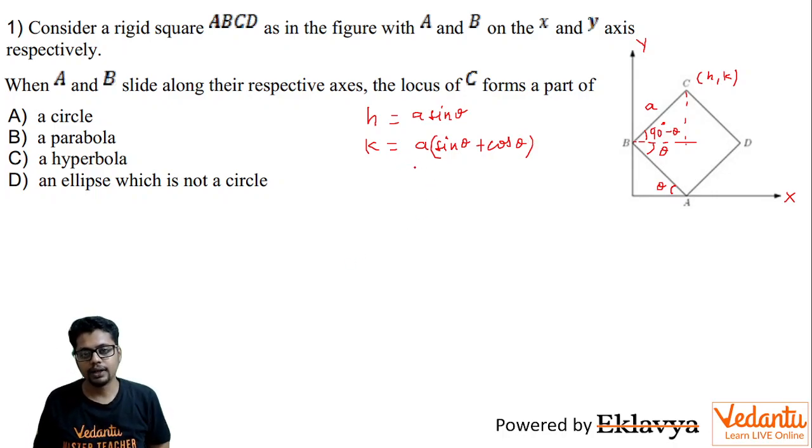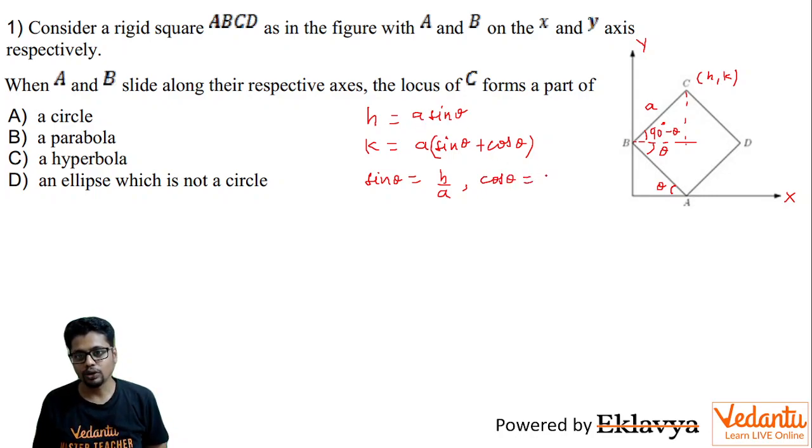So here you may say that sin theta is essentially H by A, and cos theta is essentially, if you see carefully, A sin theta is H. So cos theta is K minus H by A. And since sin square theta plus cos square theta is 1, you have H square by A square plus K minus H by A whole square is equal to 1.